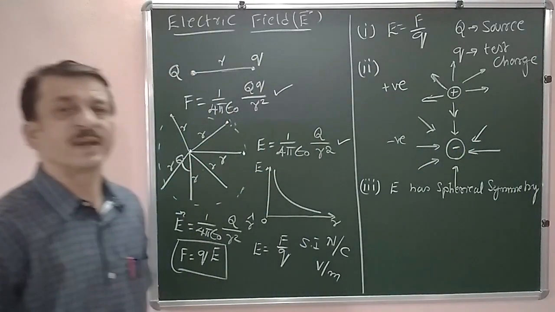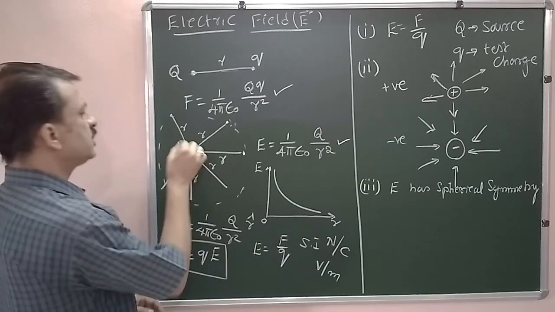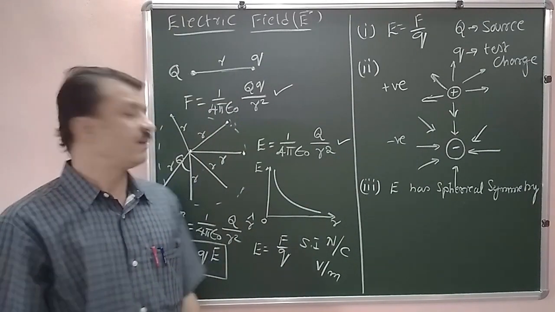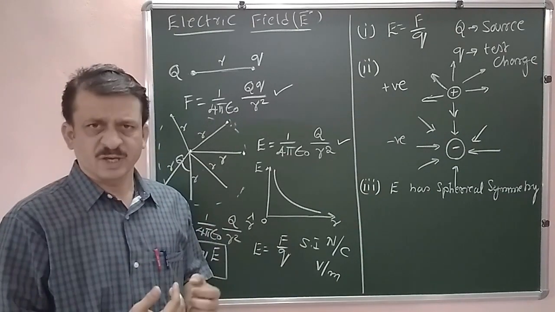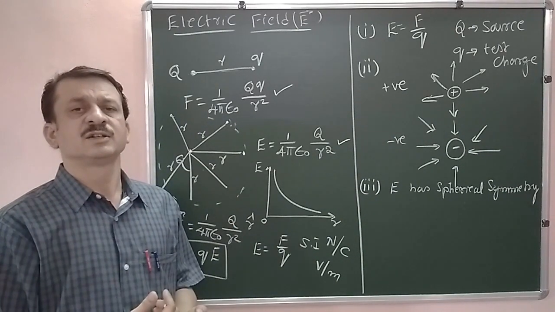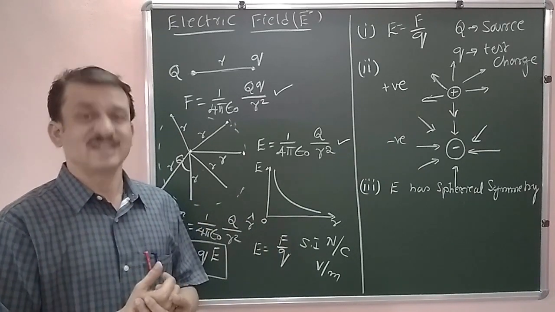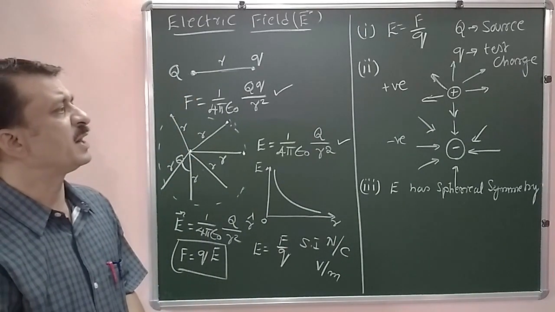That means if you consider a sphere having a radius r, at all points on the sphere, if you calculate the electric field, it is found to be the same. Therefore, electric field has a spherical symmetry.